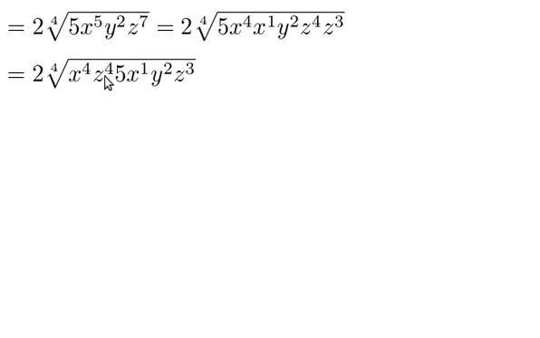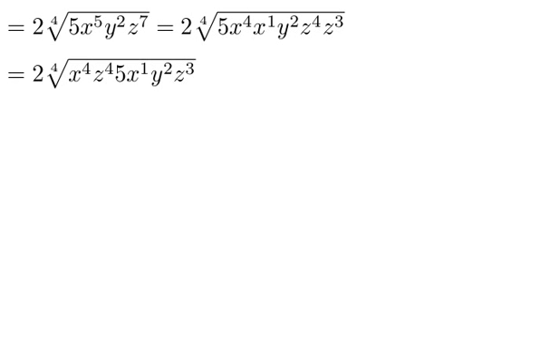Okay, so all I did was I moved this x to the 4th and this z to the 4th to the front of this part here, because with multiplication, remember that you can rearrange your numbers this way. So we have 5 x to the 1st, y squared, and z to the 3rd on the right side.